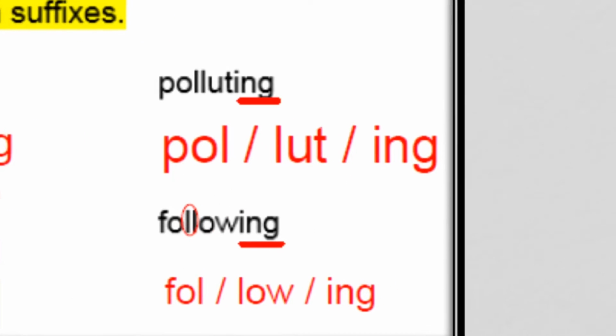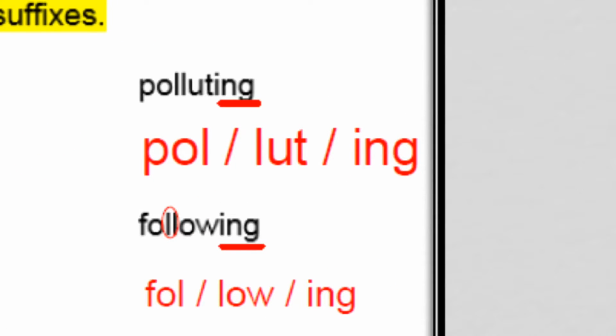Now let's look at polluting and following. Two more examples where you have the ing at the end and then you have double letters involved. Polluting is spelled P-O-L-L-U-T-I-N-G, so we get pol-lut-ing. And then following, fol-low-ing.